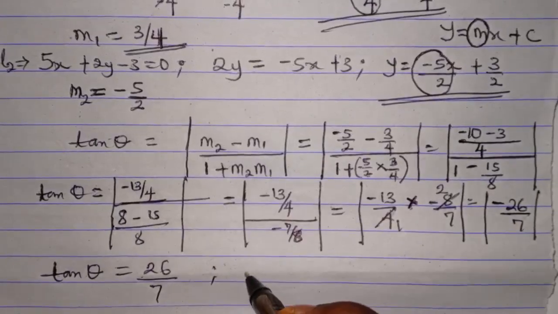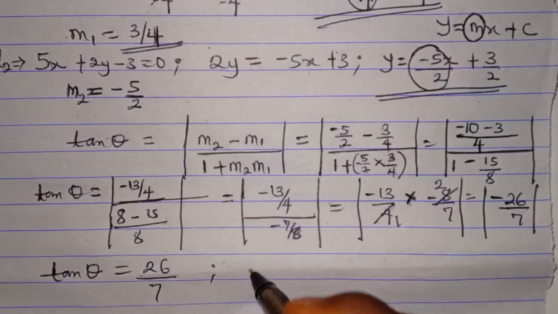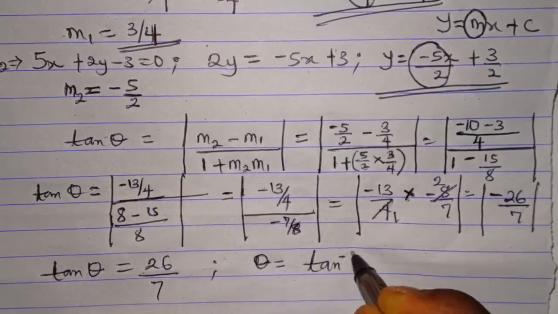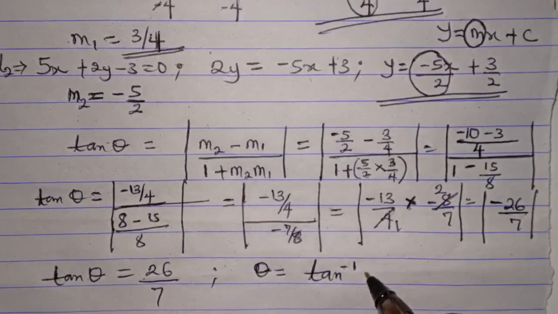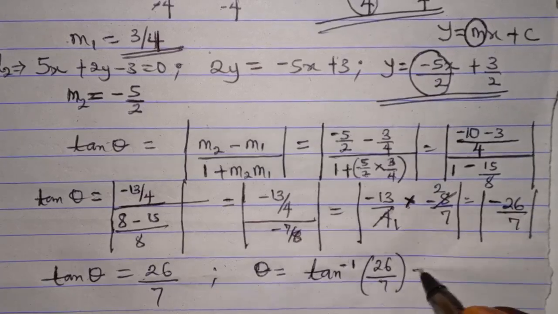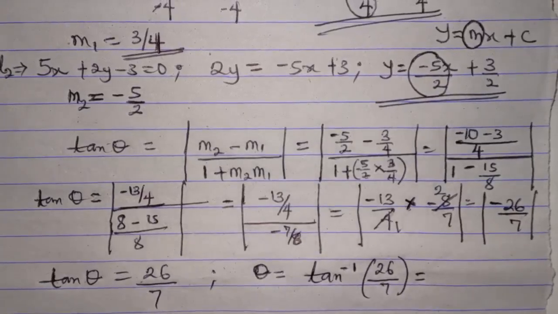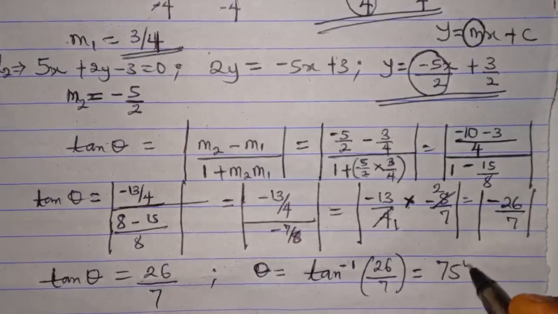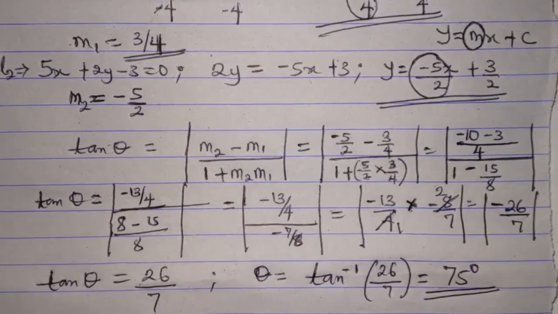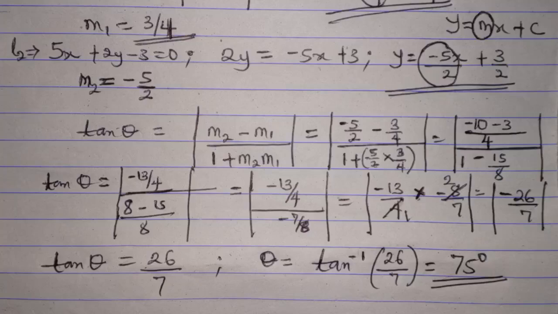To get the value of theta, which is the angle between the two lines, theta is simply the tangent inverse of 26 over 7. To the nearest whole number, the tan inverse of 26 over 7 is 75 degrees. This is it for the angle between two lines.